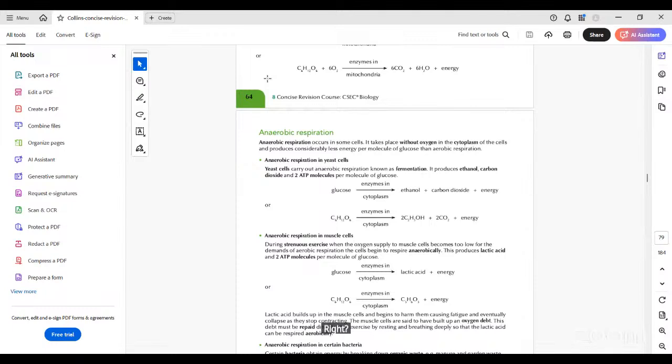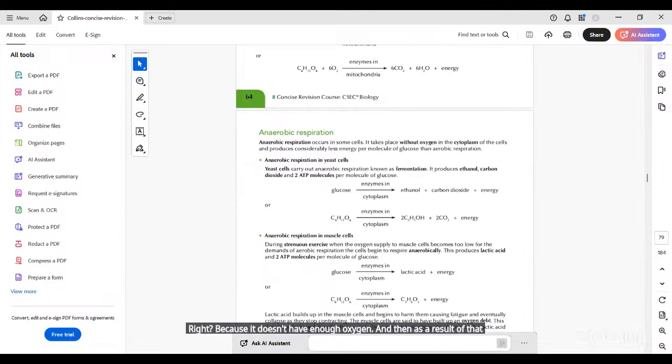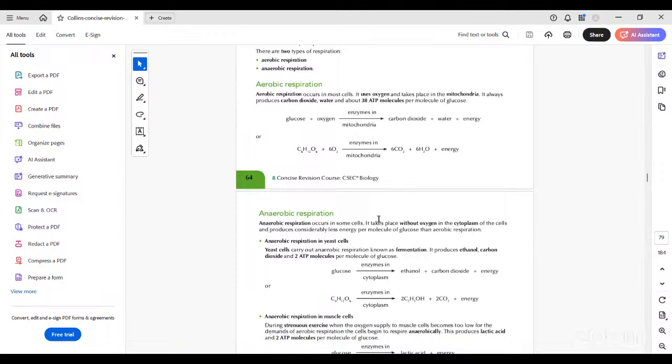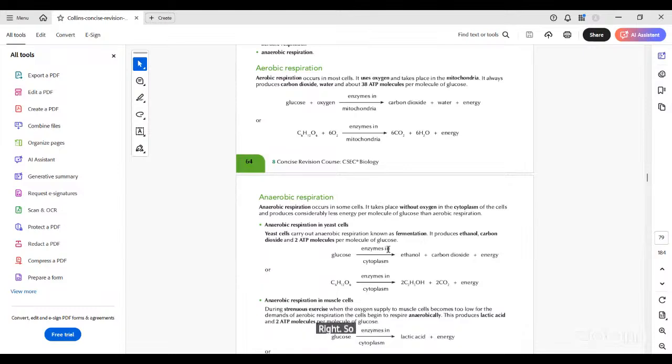Because it doesn't have enough oxygen. And as a result, it starts to create its own energy. So it starts to just break down the glucose.